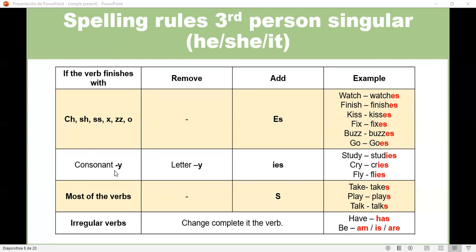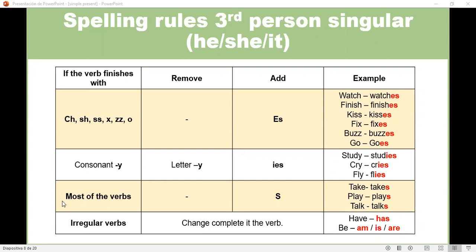And the last rule, if the verb doesn't fit the second rule or the first rule, we have to add just letter S. For example, take, takes, play, plays, talk, talks.